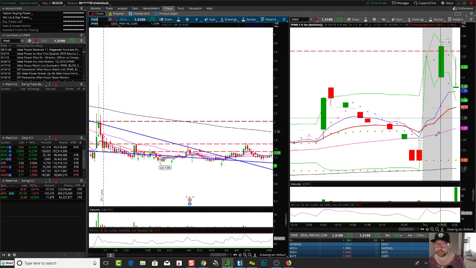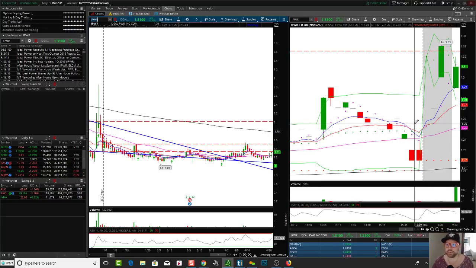This is where you can get your better entries when the market opens, but sometimes I like to give it 3 to 5 minutes to let the market kind of shake out and see what's going to be happening. But for instance, on a stock like this, IPWR, if this is a potential play, you want to see price get above that 1.33 marker, pre-market high, ideally hold. Then you have some resistance around the 1.50s.